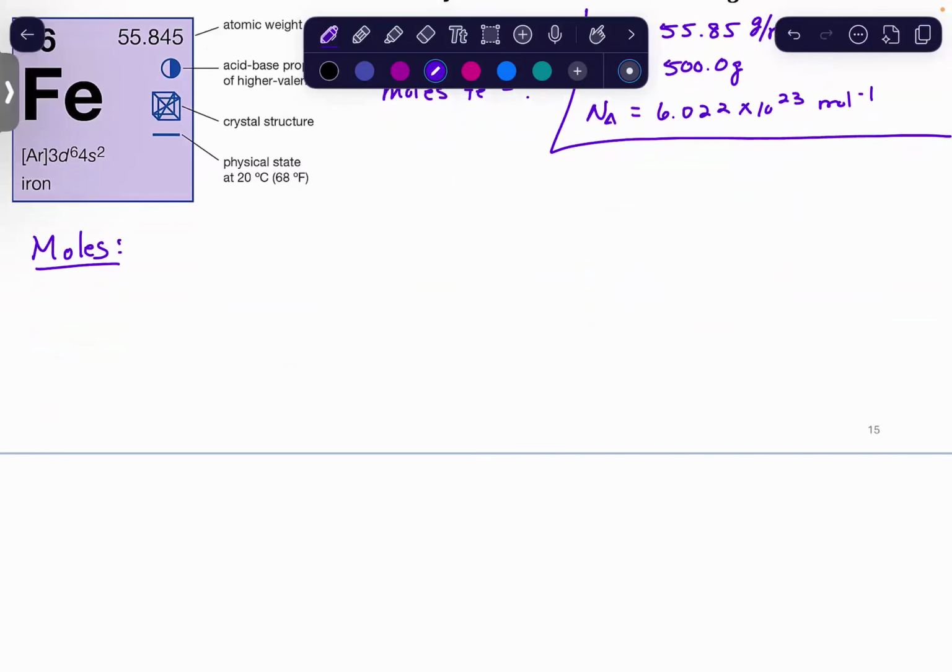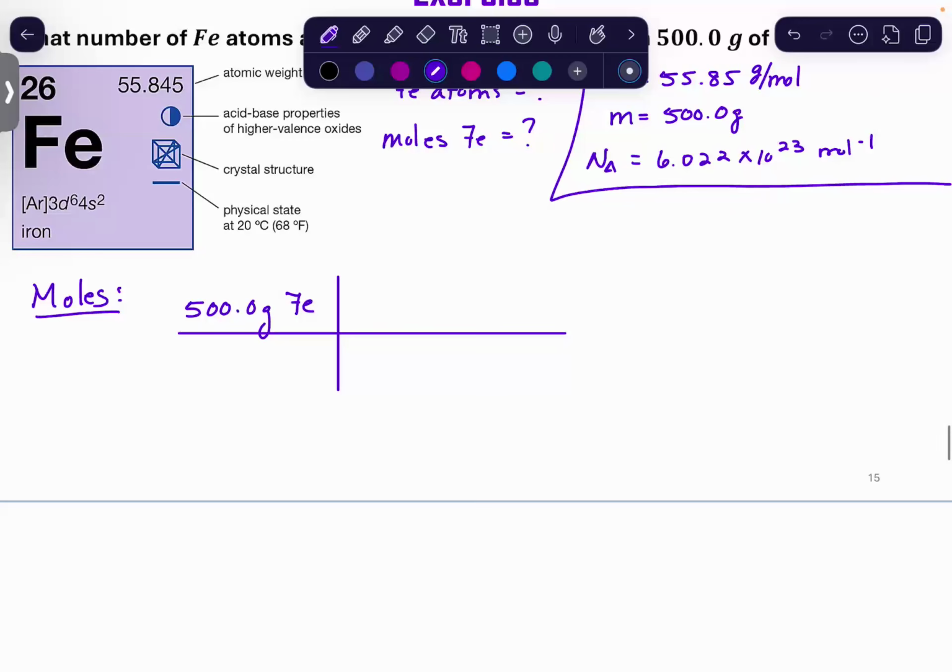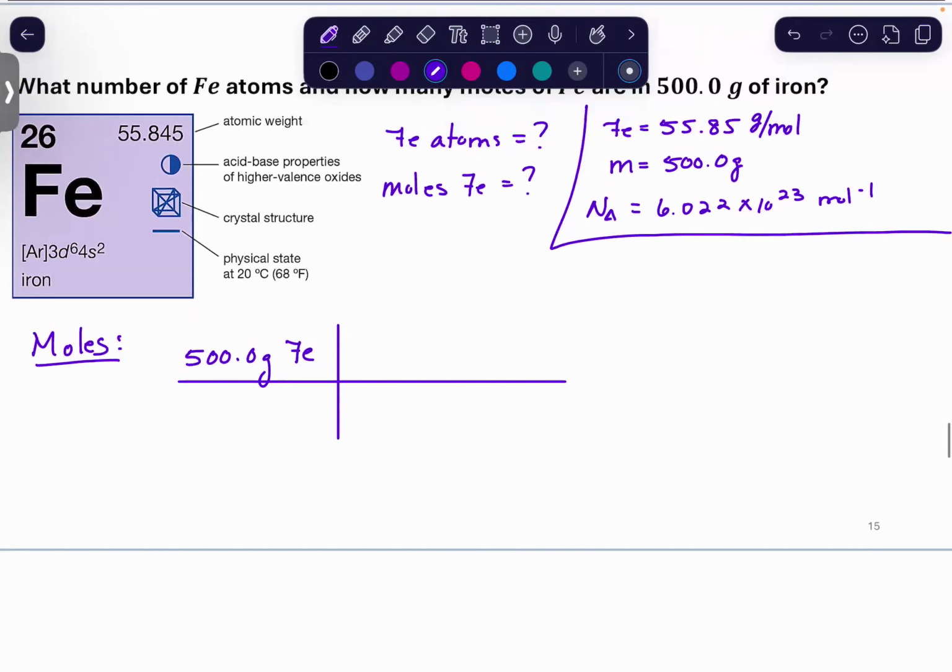Okay, so I'm going to start with what I have. I have 500 grams of iron, and I know that I can use the molar mass of iron to go from grams to moles or moles to grams. Okay, so I have 55.85 grams per mole. And you remember that's how that conversion factor works out.